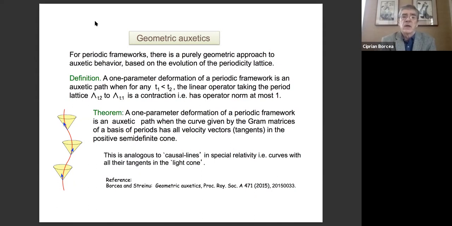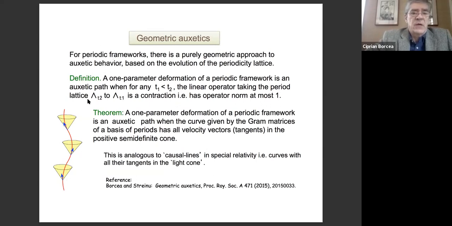Once we have, of course, a geometric description of the framework, but I illustrated earlier our frameworks, so we know what periodicity means. It's a lattice. We choose generators for that lattice.